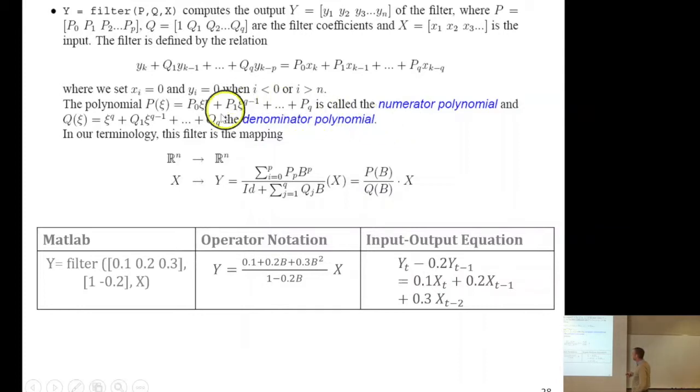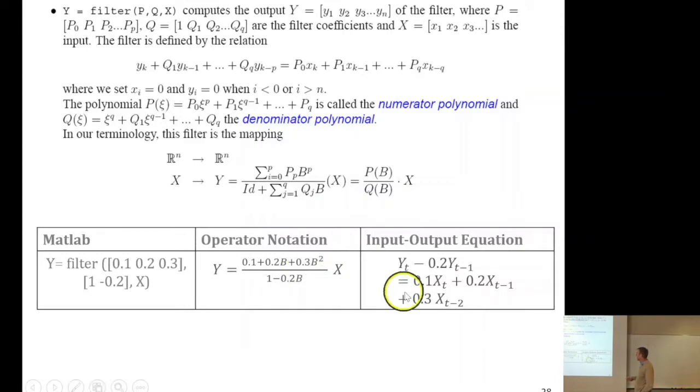The polynomial that we have, for example, if I look at this filter here, 0.1 plus 0.2B plus 0.3B squared, is a polynomial in B, and the polynomial is the one that I wrote here. But what all signal processing people will consider the polynomial of this filter is obtained by changing the order of the coefficients.